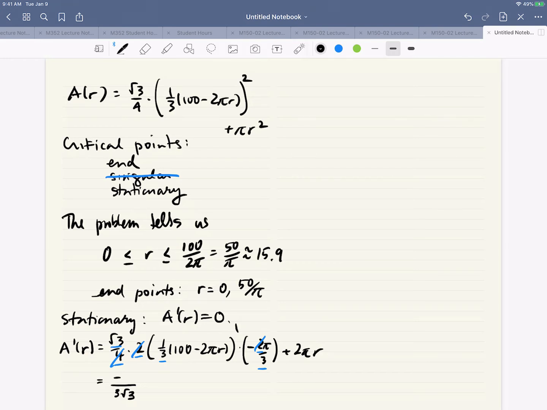And in my numerator, I'm going to have that minus pi. So I believe this is what I have, right? I took care of the 3's downstairs. That gives me that. And I have the pi upstairs. That gives me that. Got that, good. Plus 2 pi r.